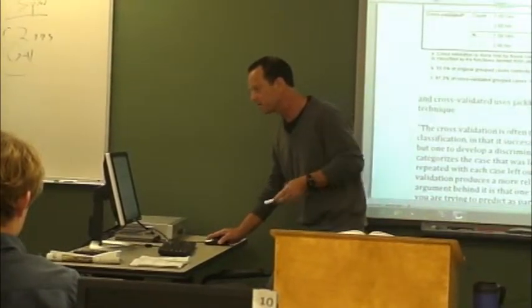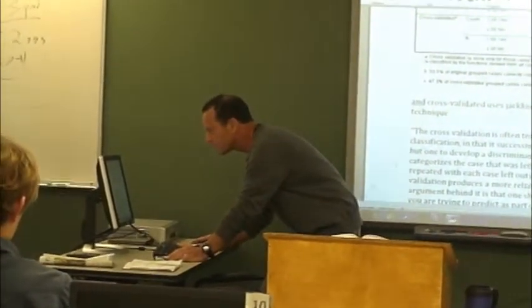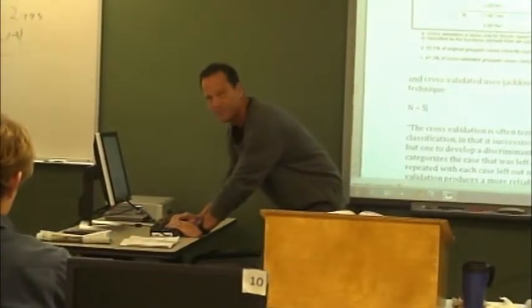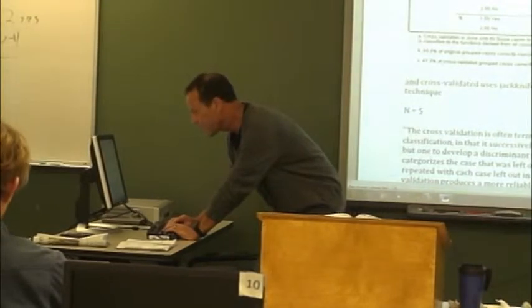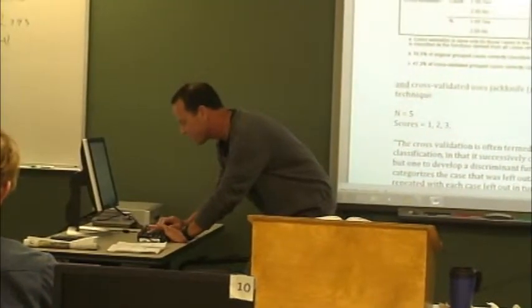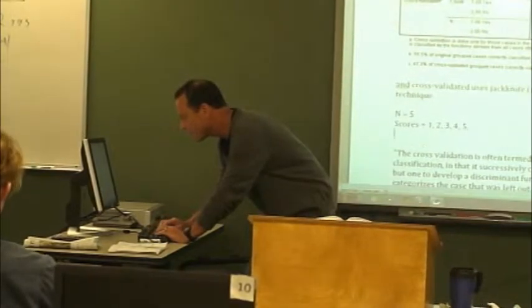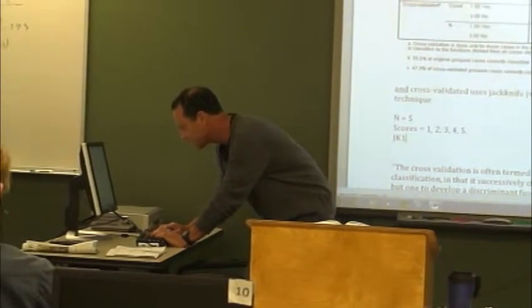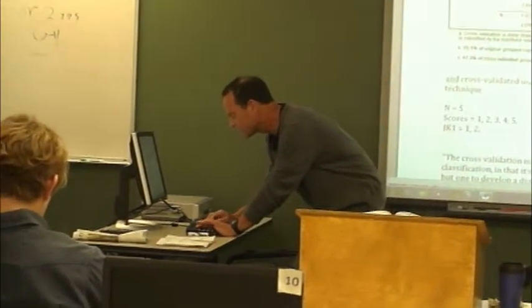Let me show you right here. Let's say n equals 5. Scores equal 1, 2, 3, 4, 5. I'm going to call this jackknife 1, which equals 1, 2, 3, 4.